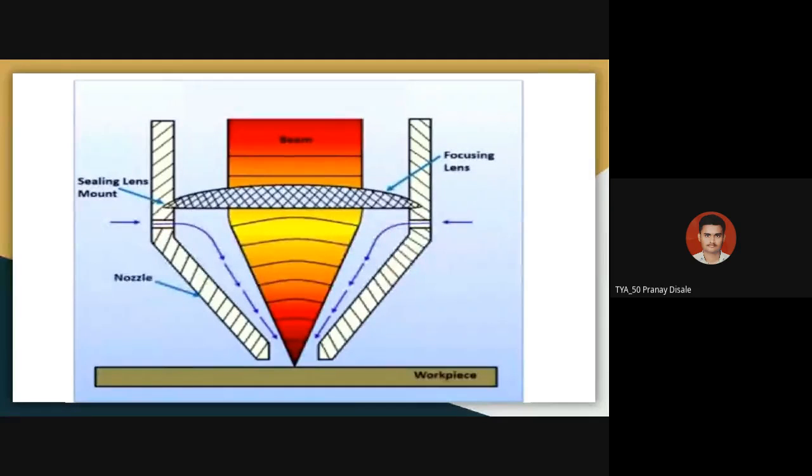These photons are generated there, and they are focused by using one simple lens. For that purpose, you can see that curvature part. It is called the focusing lens.